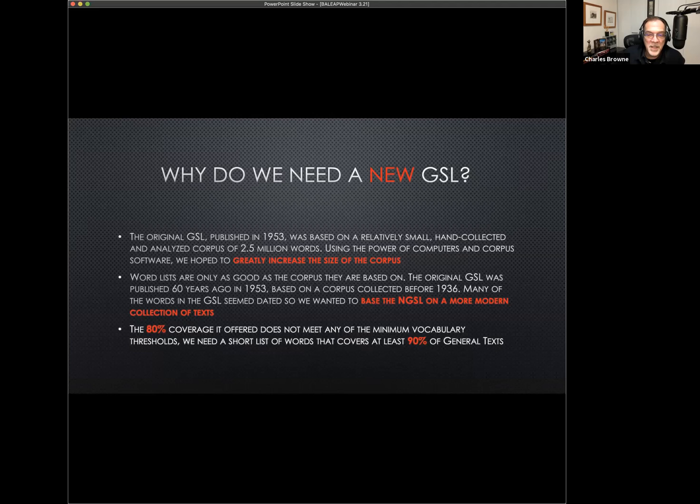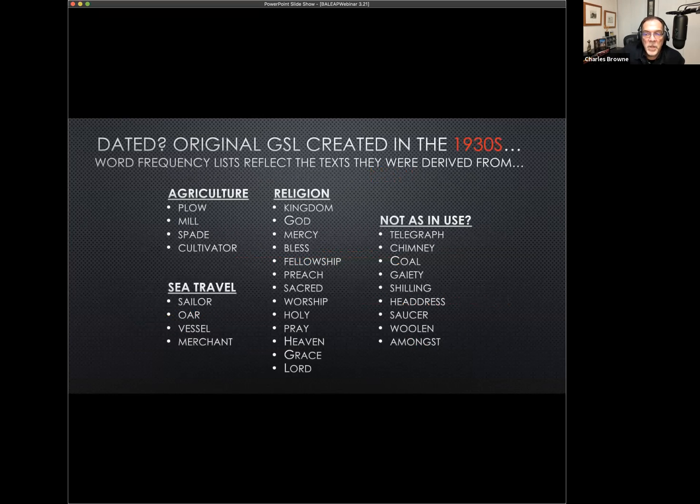So most of the texts in it were 1800s, 1700s texts. And what I could see is that the old general service list, and my list as well, the new general service list, is supposed to be a list of the most important, most useful words for second language learners of English.